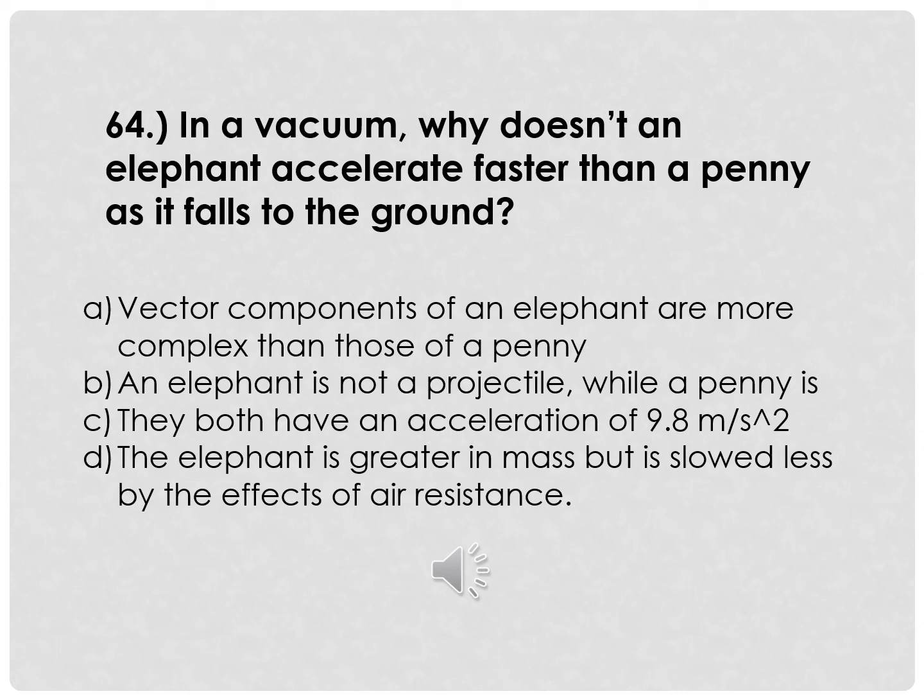The reason some objects, such as a feather, fall slower than others is because of air resistance. But since this is taking place in a vacuum, which is a chamber where all the air has been sucked out, there should be no air resistance. Therefore, the correct answer is C. They both have an acceleration of 9.8 meters per second squared.